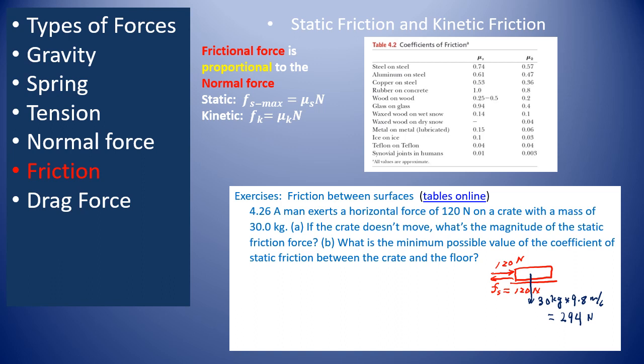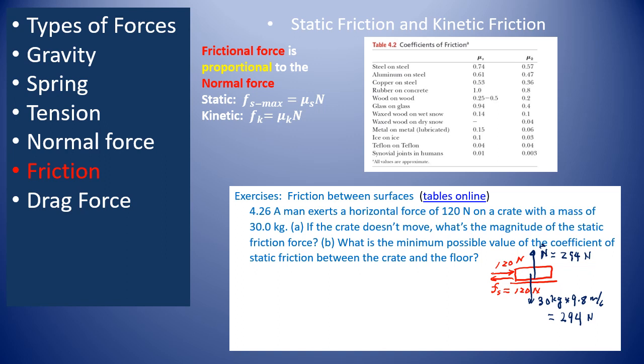The reason it doesn't fall down is because there's a floor. So the floor provides a normal force exactly in the opposite direction. So you put in the vectors, normal force exactly 294, but upwards. So that's the balance, so the object doesn't move.